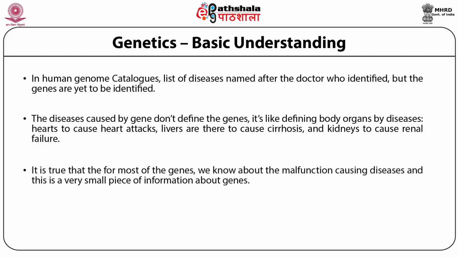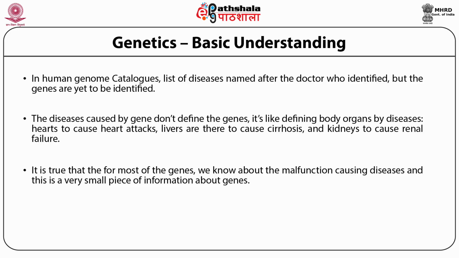It is true that most of the genes we know about are those whose malfunction causes disease, and this is a very small piece of information about genes. That an individual has the Wolf-Hirschhorn gene doesn't mean that he or she might get the disease, which is incorrect information.